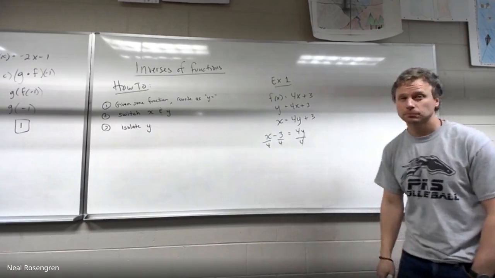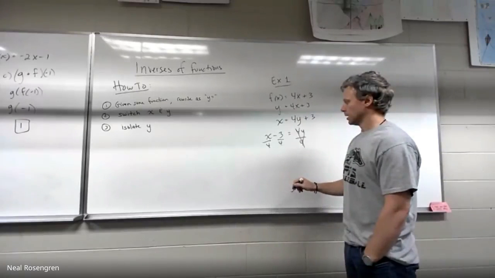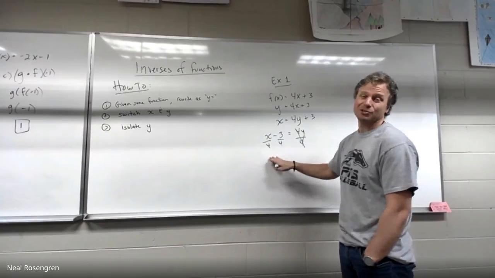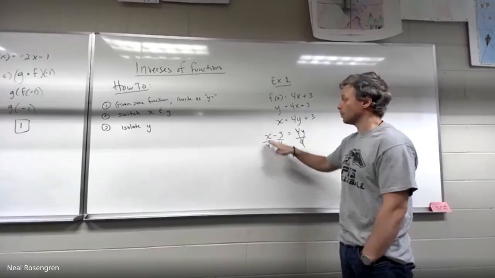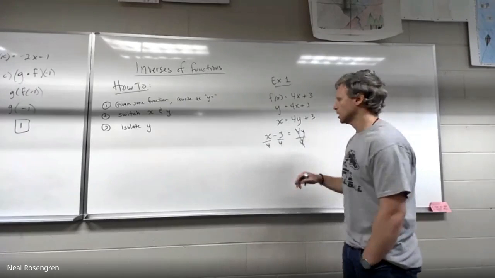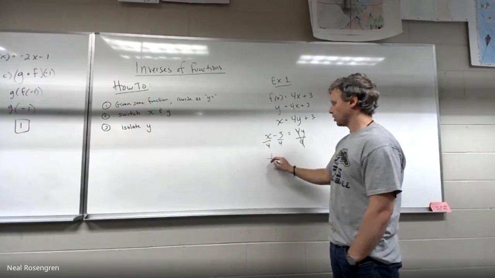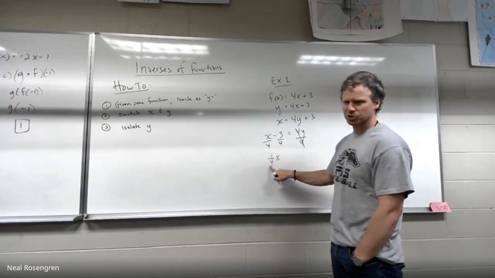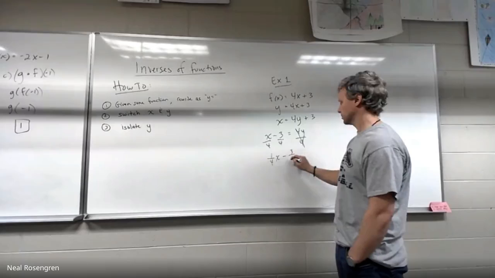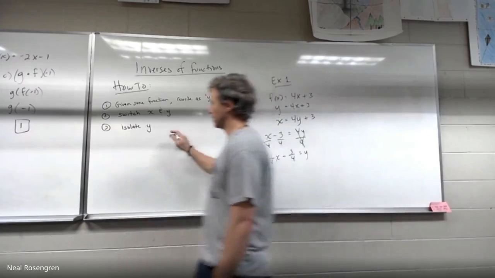Either one's fine; they mean the same thing. I like this one personally because sometimes things simplify and sometimes they don't. In this case there's not much I can do, so I'll write it as 1/4 x, the coefficient of x, minus 3/4, and that's equal to y. There it is, isolated y.